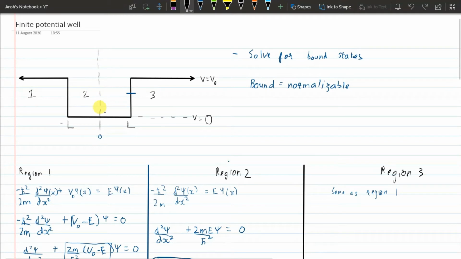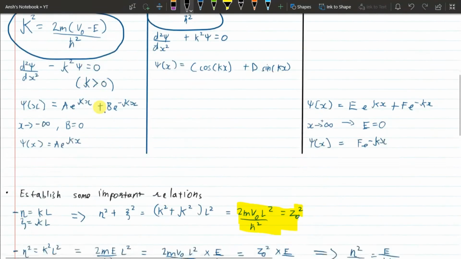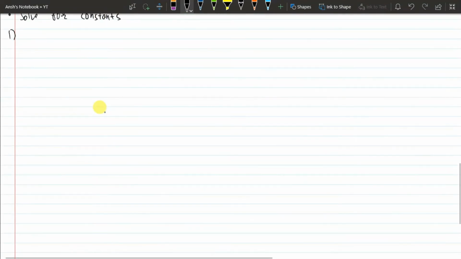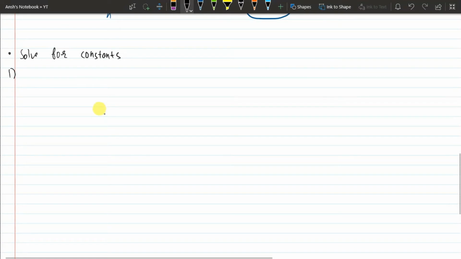If our potential is symmetric, then we'll have even and odd bound states. The wave functions will be even or odd, and we'll make use of this fact, and we'll solve for even and odd states separately, and we'll see why we do that in a moment.